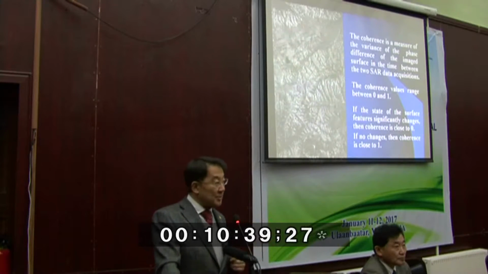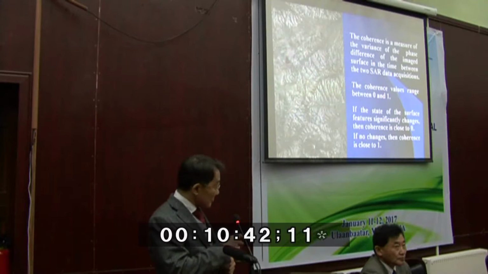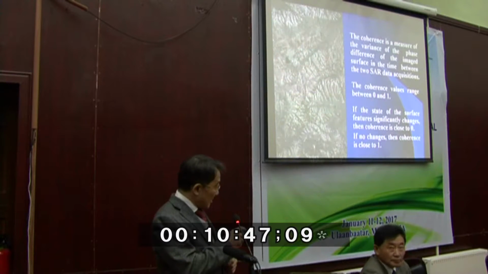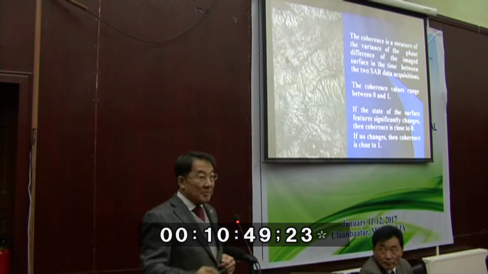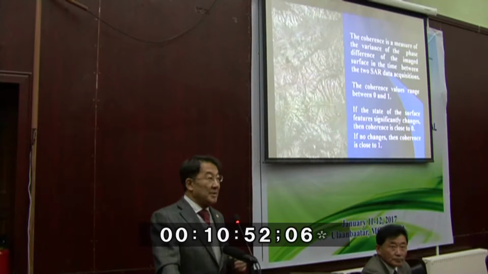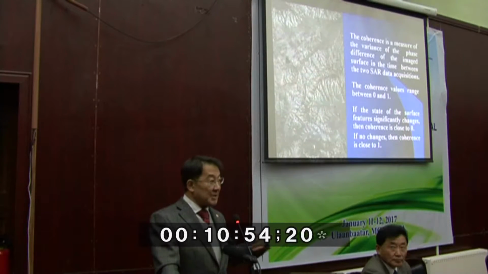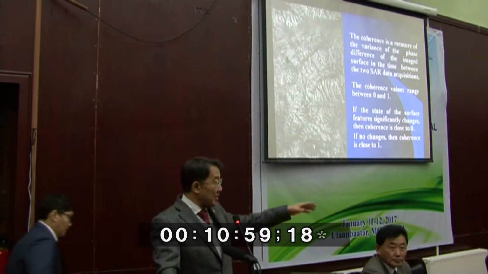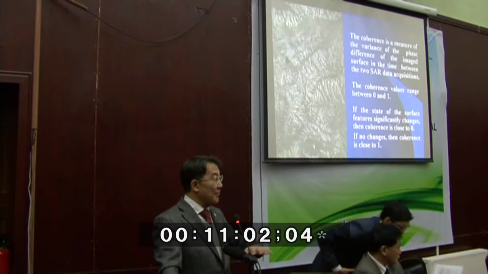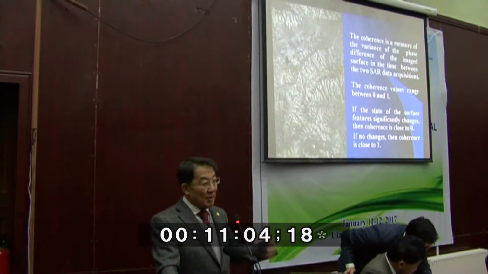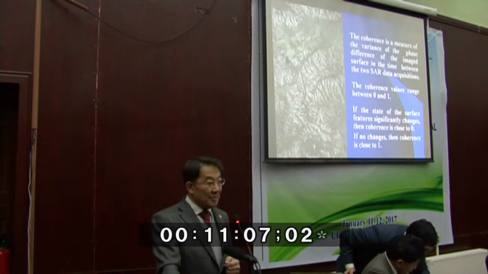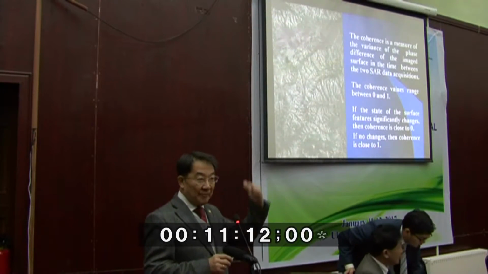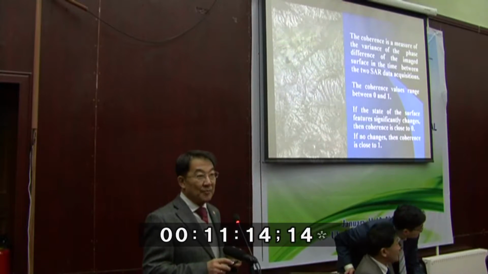If coherence is close to 0, then there are tremendous changes. If it is close to 1, there is almost no change. In environmental areas we have so many changes which are caused by different environmental factors, and in urban areas, definitely, we will have very high coherence values because there are almost no environmental changes.